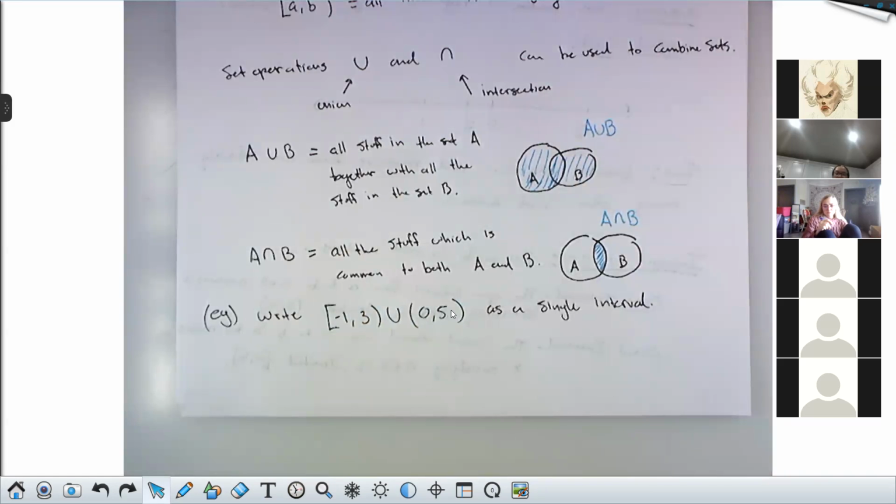Anybody have an idea as to how we could do this? Would we do like the lowest number with the highest number with the union, maybe? That's going to turn out to be the case here, yeah.